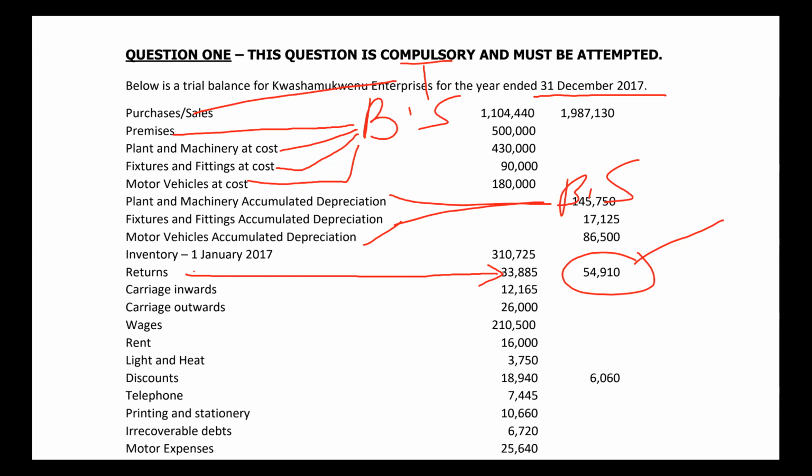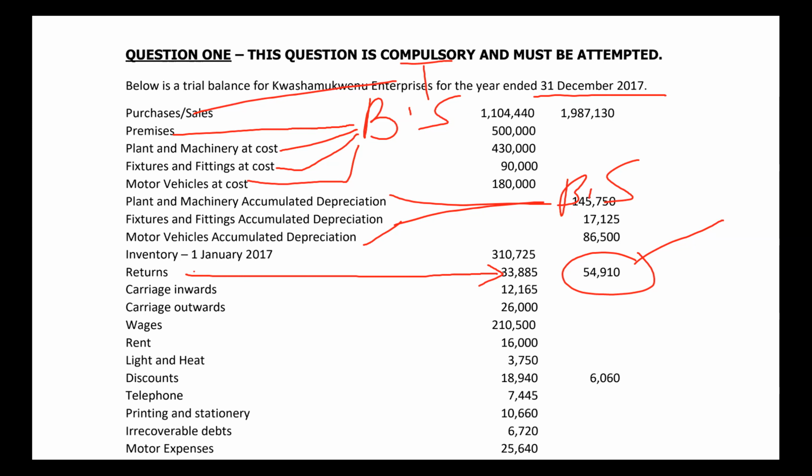Carriage outward is an expense. Carriage inward is a cost. Carriage outward is related to the sales, not to the cost of the sales. So it's an expense. You should understand that its position is actually an expense.